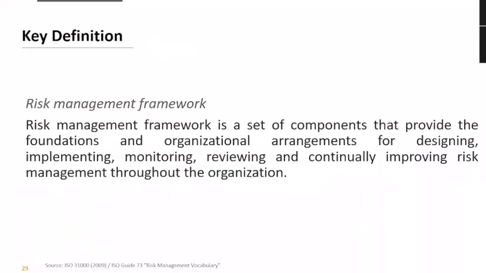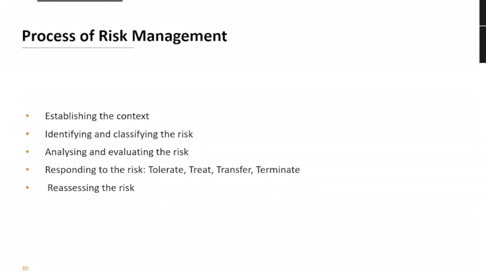What is the risk management framework? A risk management framework is a set of components that provide the foundations and organizational arrangements for designing, implementing, monitoring, reviewing, and constantly improving risk management throughout the organization. So let's see what I mean here actually.